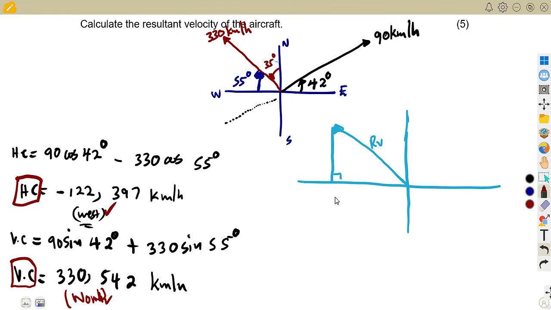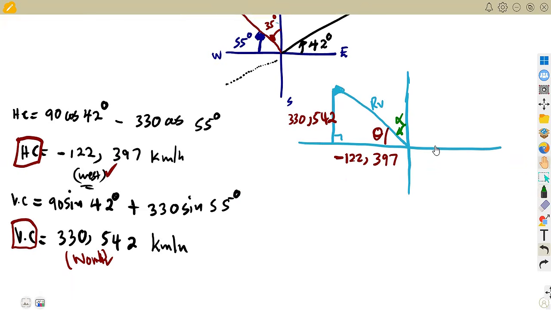Horizontal, which is negative 122.397. The vertical, which is this side up here, which is the north, which is 330.542. So that's it. We can calculate our resulting velocity, then the angle theta as the direction, or you can use alpha here as your direction. It's one and the same thing.